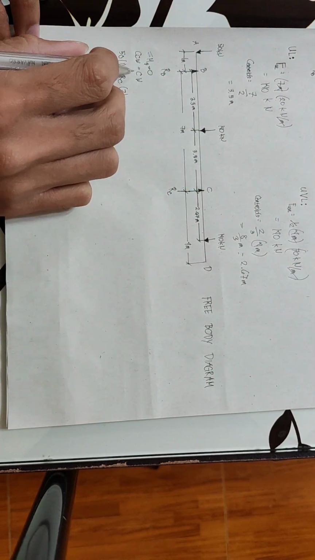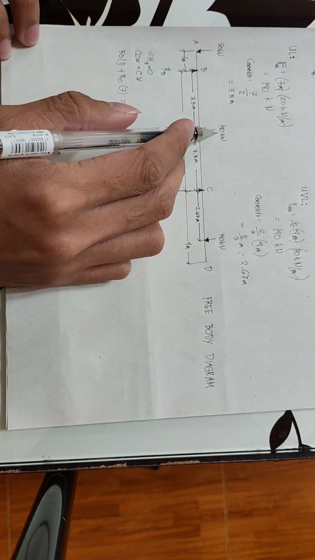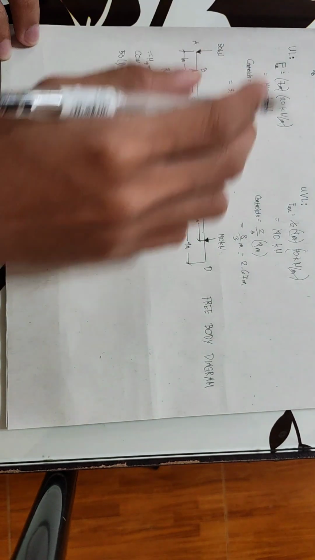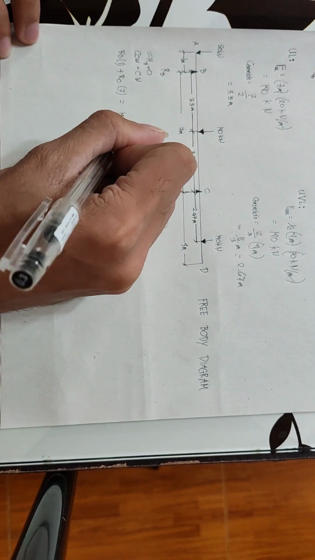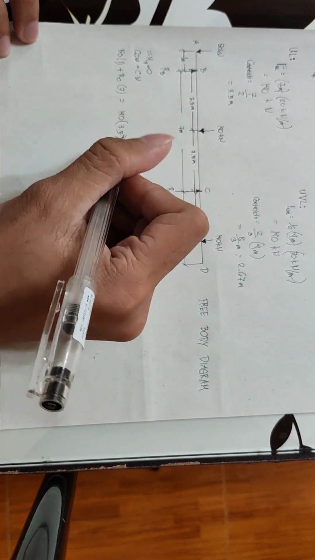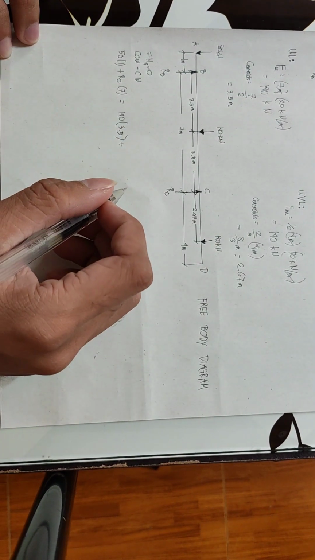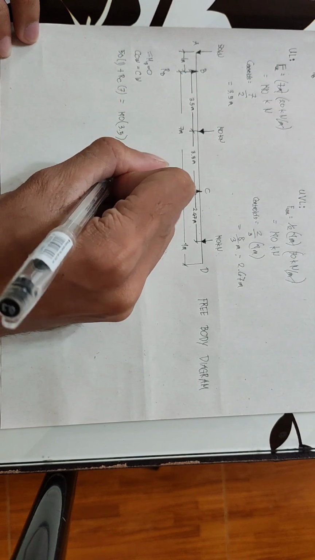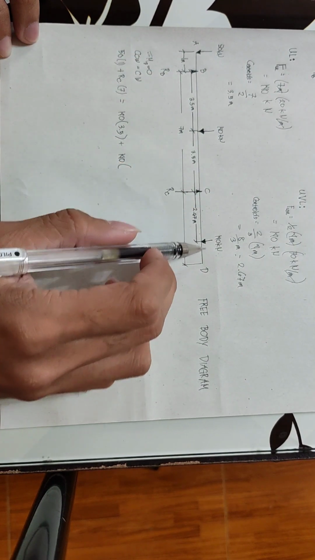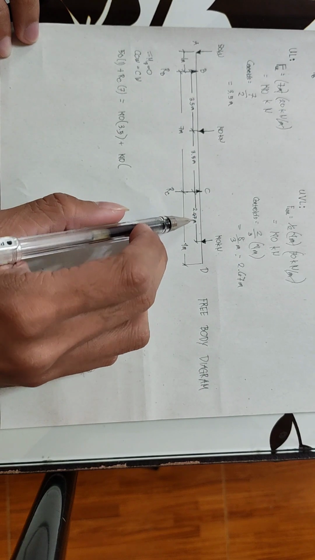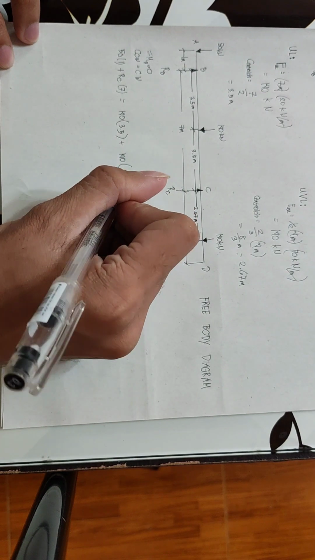To get the clockwise moments at point B, this force going downward has a clockwise rotation, so 140 times the distance 3.5, plus also this force has a clockwise rotation, so it has 140 times the distance. From here to here is 7, then here to this force is 2.67, so if we add it, 7 plus 2.67 is 9.67.